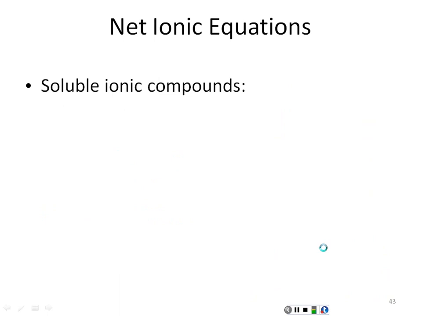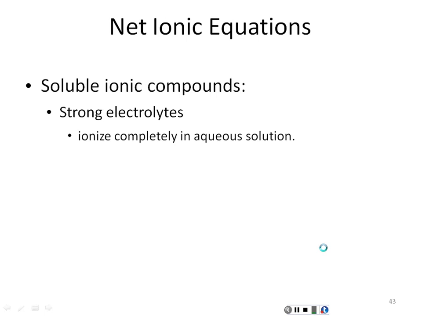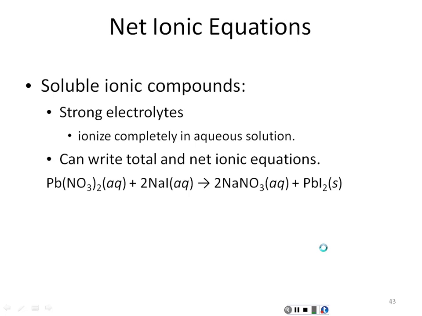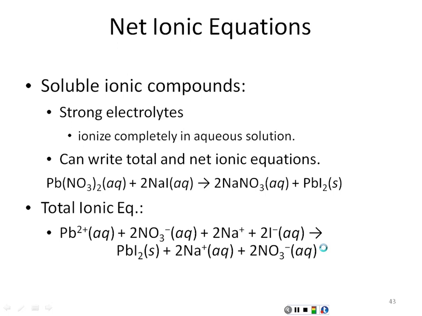So let's look at a net ionic equation for this reaction. Soluble ionic compounds would be strong electrolytes. They ionize completely in aqueous solution. And you can write total and net ionic equations. So if we write the molecular equation for our previous example of lead nitrate and sodium iodide mixing, the total ionic equation would be lead 2+ plus NO3-, the nitrate ion, plus sodium plus I-.